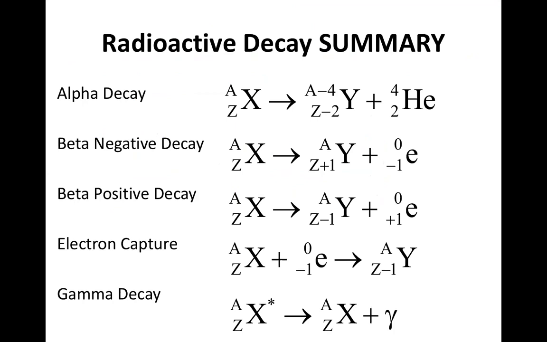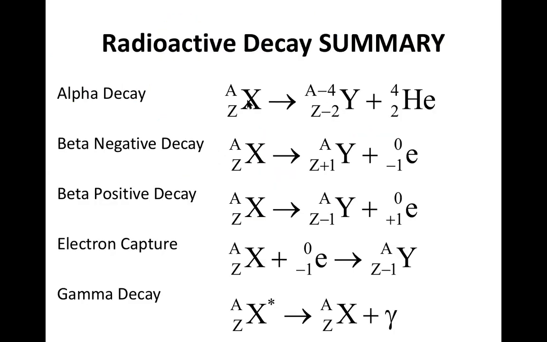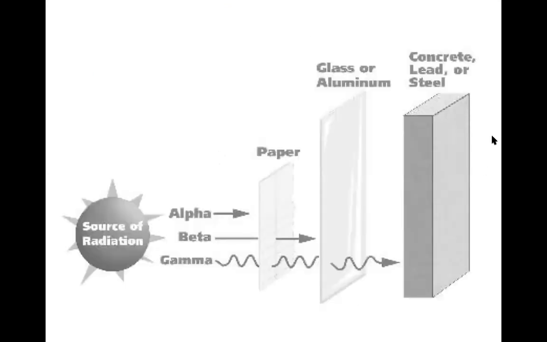So ensure that you study the similarities and the differences, and learn how to complete these nuclear reaction equations given the radioisotope. Given the radioisotope and which of the 5 types, you should be able to complete the other side. Radioisotopes will naturally undergo this decay, so it happens naturally.